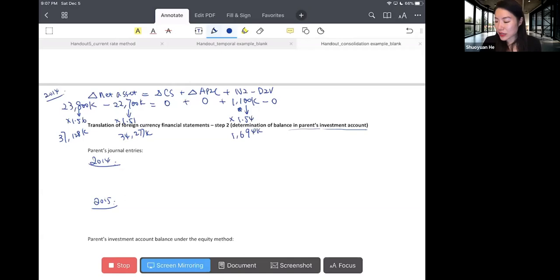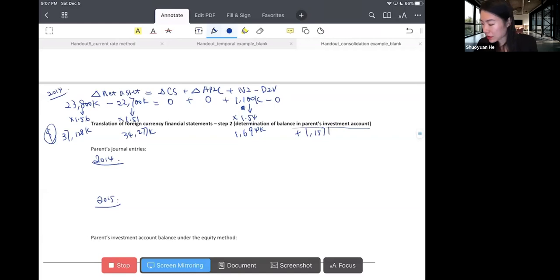This is in US dollar, and under US dollar, this equation won't balance. In order for it to balance, we need to add another 1.157 million.